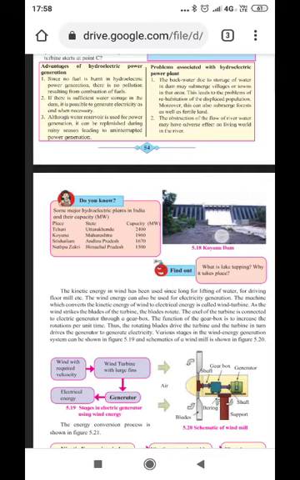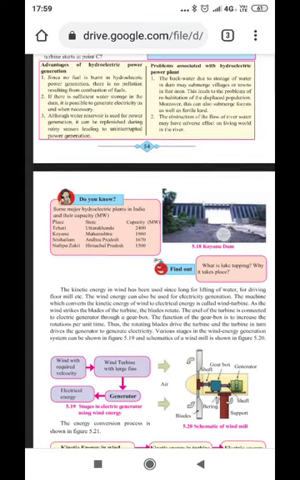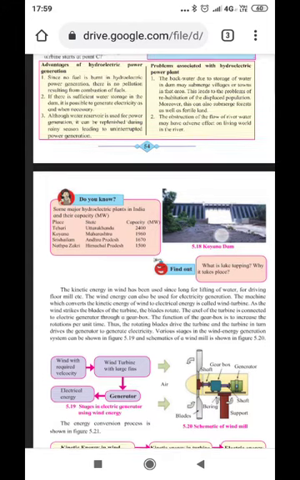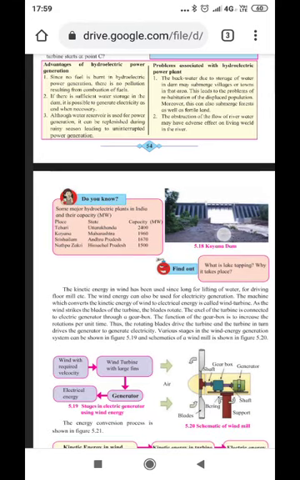Moreover, this can submerge forest as well as fertile land. The obstruction of the flow of river water may have an adverse effect on the living world in the river.